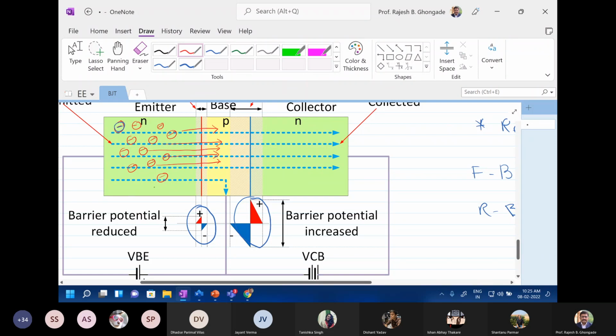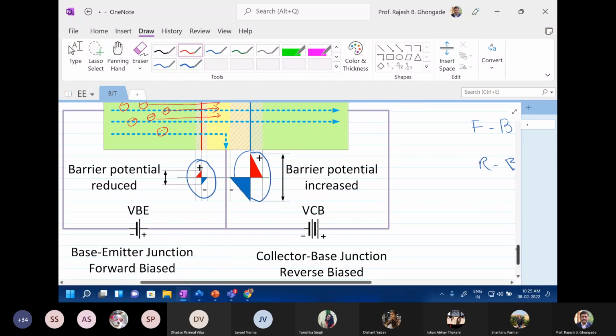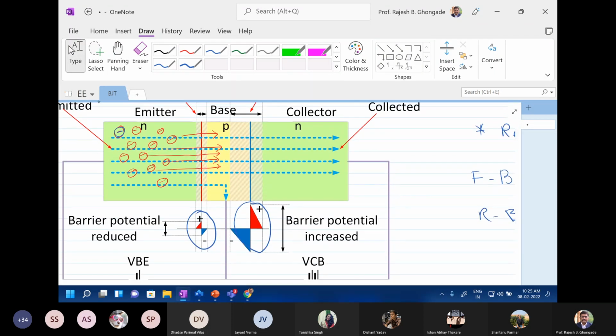चार्ज कैरियर्स और मेजॉरिटी चार्ज कैरियर्स के बारे में सोचना है. See that, who are majority charge carriers in this region? ये रीजन में मेजॉरिटी चार्ज कैरियर्स कौन है? इलेक्ट्रॉन्स है या होल्स है? Electrons. इलेक्ट्रॉन्स है मेजॉरिटी. ये पी टाइप रीजन है, तो यहाँ पे मेजॉरिटी चार्ज कैरियर्स कौन है?